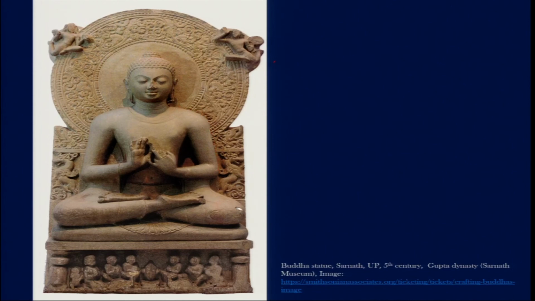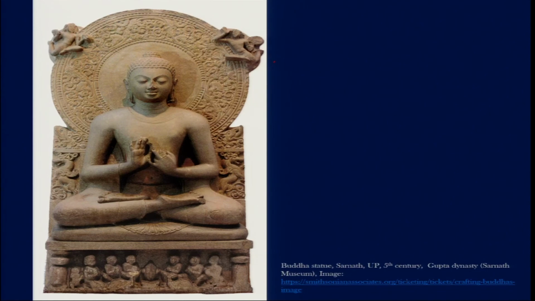So, the halo, even though it has much detail, the ornamental details are not carved in such high relief that they overpower the surface of Buddha's body. The same can be said about the surface right beside Buddha's body, these two stylized lions. They are also carved in low or medium relief, so they contrast with the unadorned part of Buddha's body, but also do not overpower it, despite the amount of detail that has gone into it.